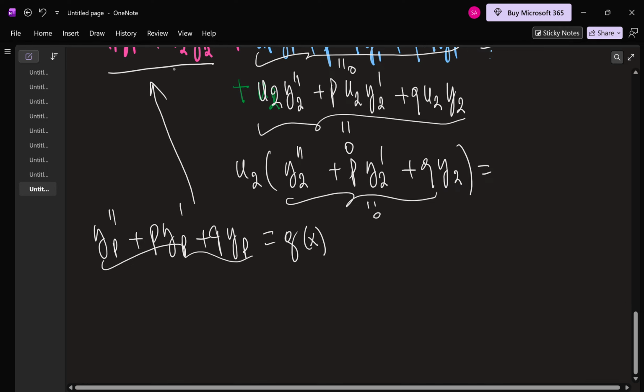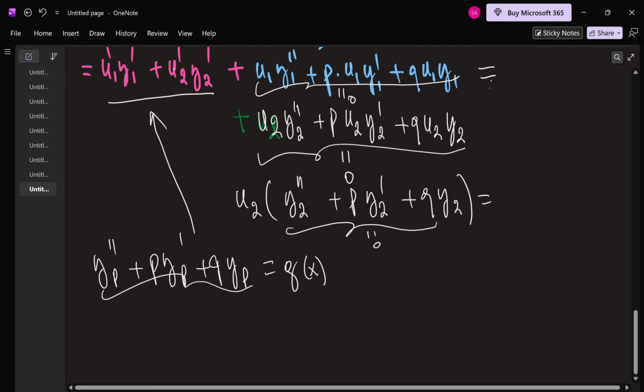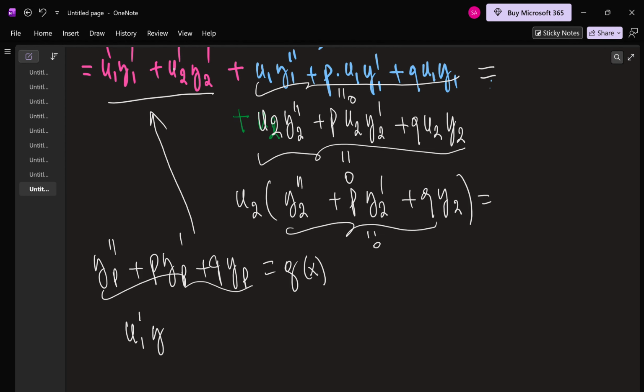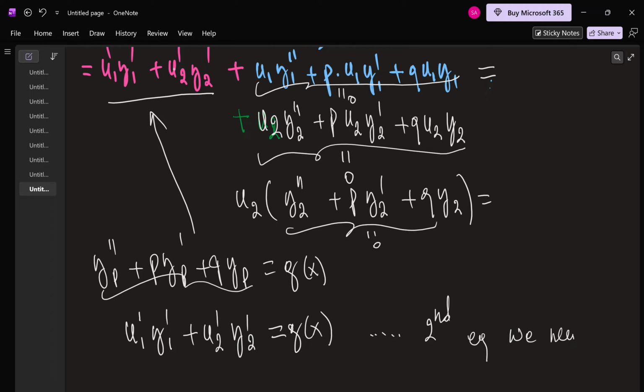So when we substitute, we get that u1 prime y1 prime plus u2 prime y2 prime is equal to g of x, and this is the second equation we need to solve.